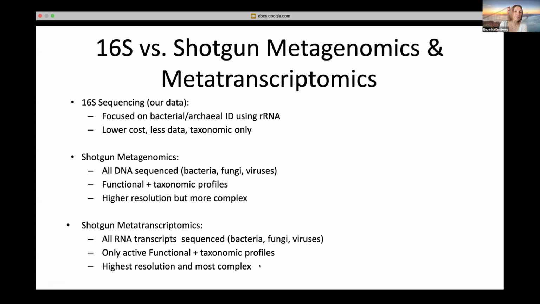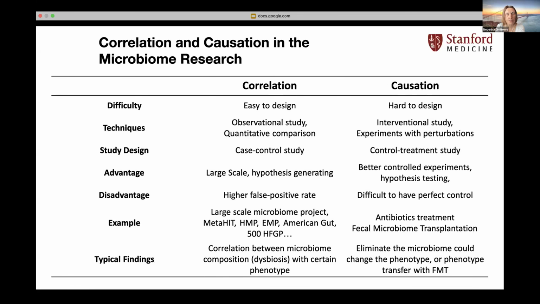And this is the highest resolution, but it's most complex. So a pipeline can run a couple of days to analyze a set of microbiome samples, even in modern architectures.